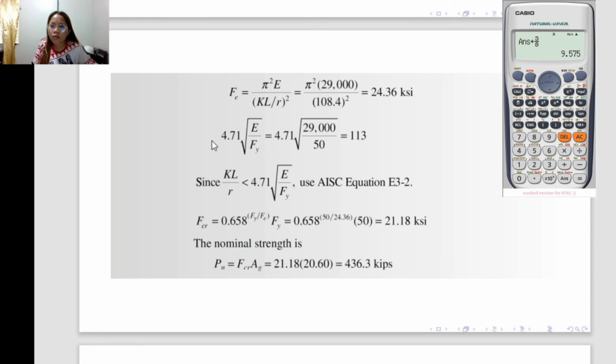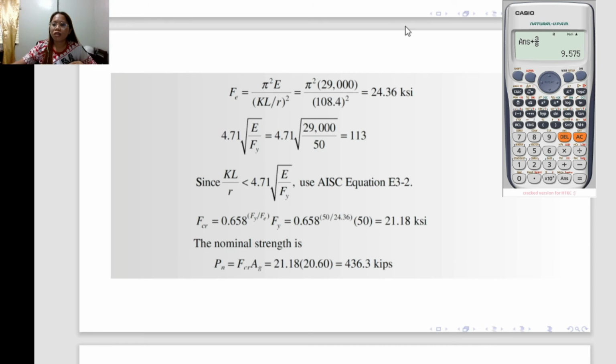So that if we compare this one to our slenderness ratio, we will know what formula to use for the critical buckling stress, flexural buckling stress, no? So, compute this one, no? Also 4.71 square root of E over Fy. Then, Fy is also given in the problem, 50 KSI. So, the result is 113.